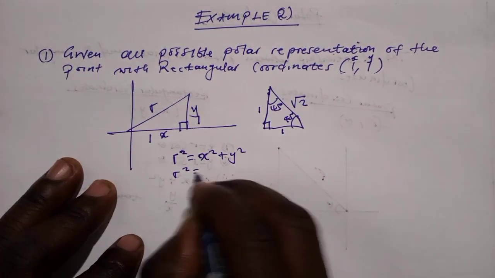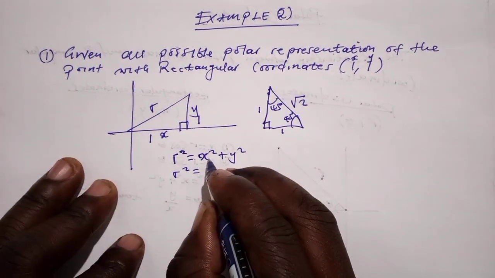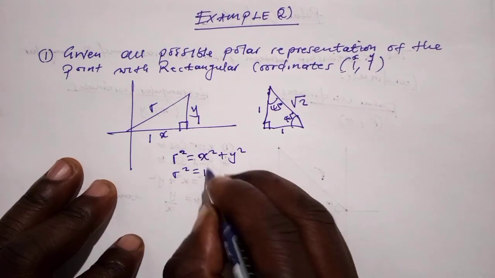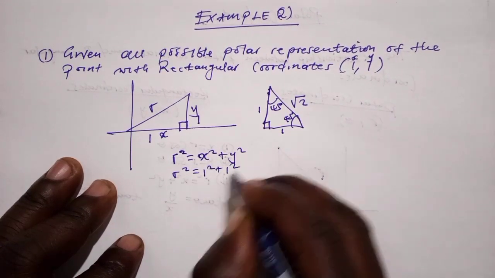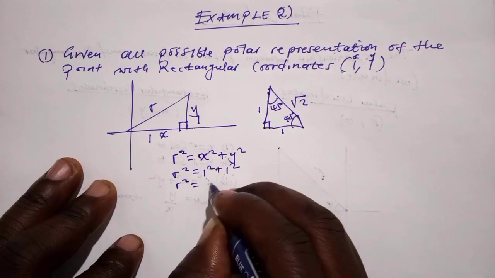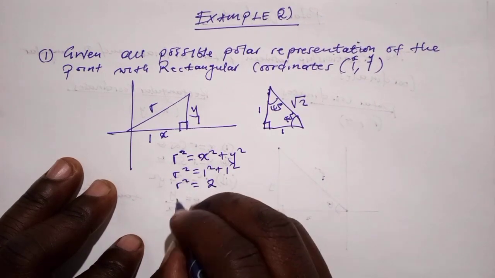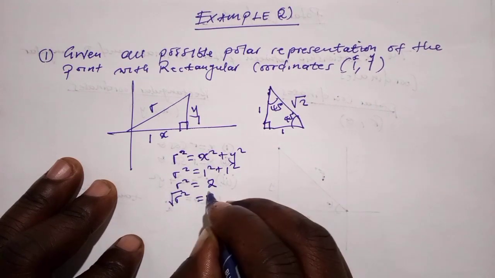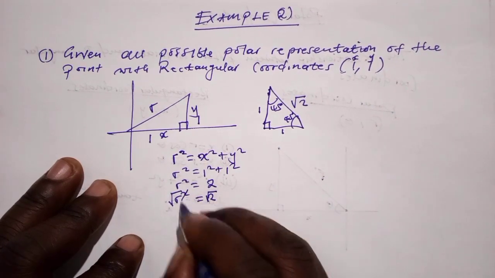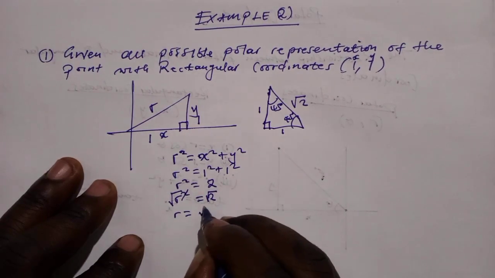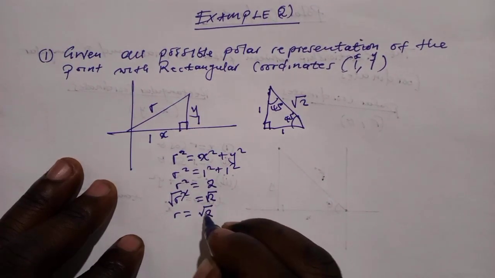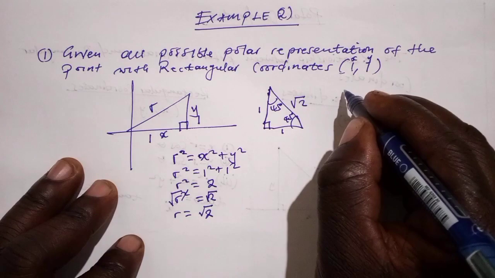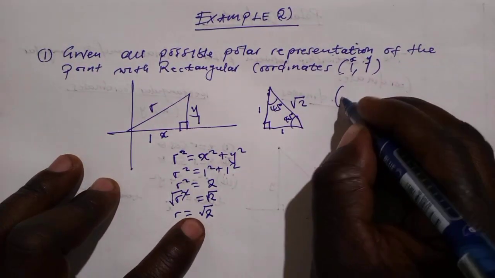R squared equals, for x we have 1 squared plus 1 squared. So r squared equals 2. When you take the square root of both sides, r will be root 2. So this is it. So we have found one coordinate which is root 2.